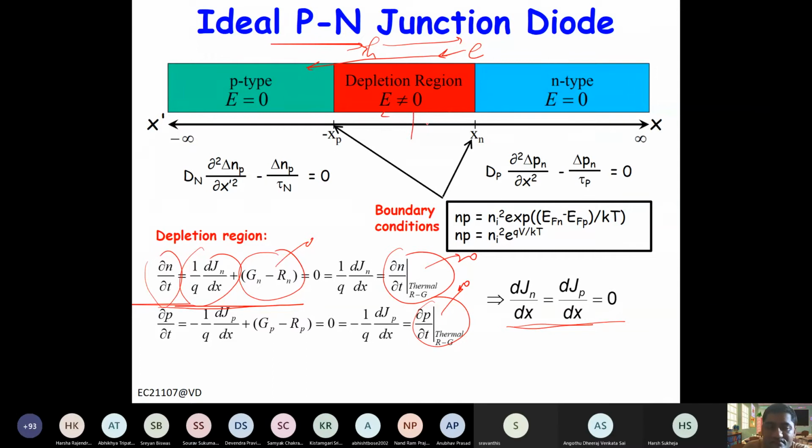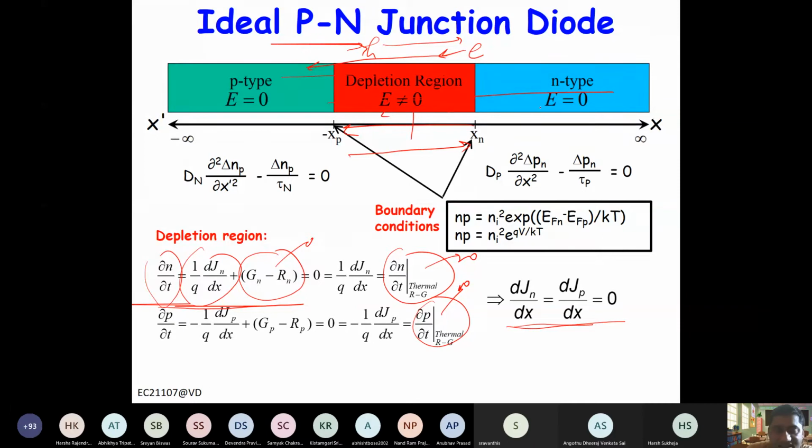That means the electron current entering here is the same as the electron current leaving. Similarly, the hole current entering is the same as the hole current leaving. That means these Fermi levels are not changing. They are constant throughout the depletion region.